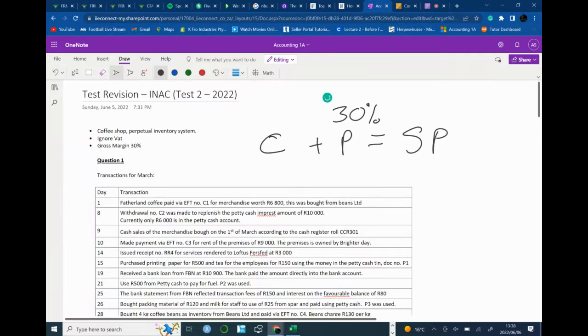How, guys? Why do you say that? You're right, but why? What has to be over 100%? Why do you say that?